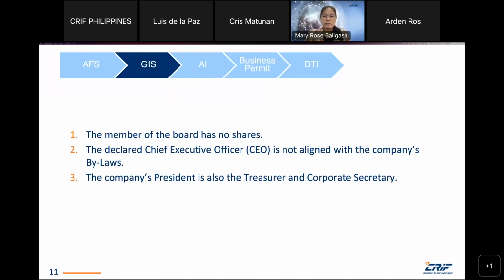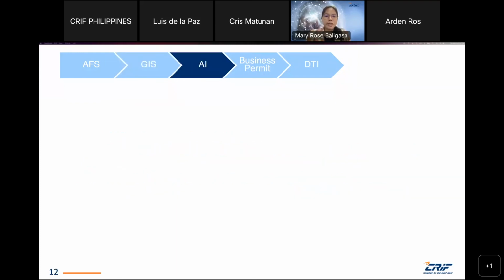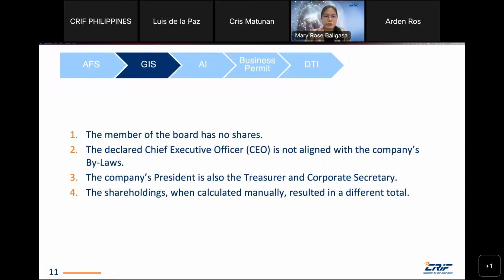However, this is an exemption for OPC, or One Person Corporation, because in an OPC the president can be the treasurer, but the president cannot be the corporate secretary.